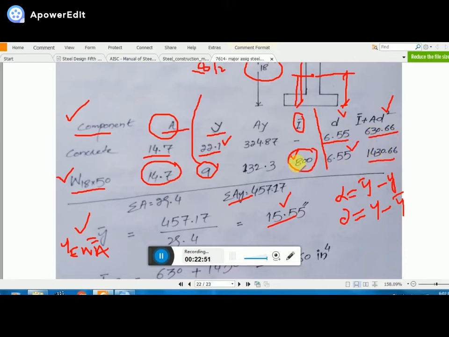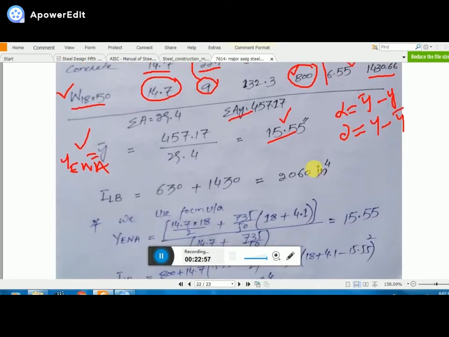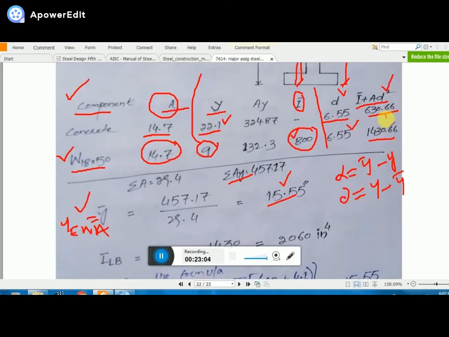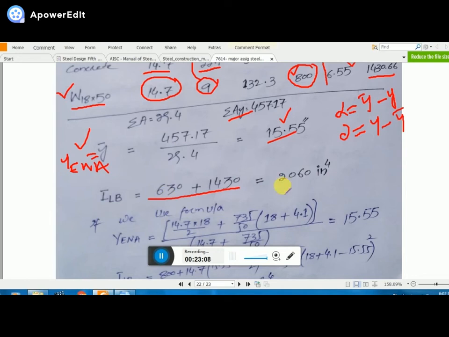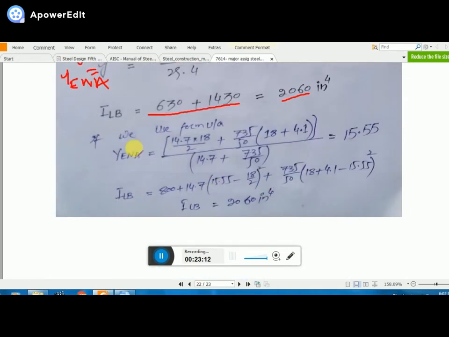But remember, you have to add this, because you see the formula, and this is basically the parallel axis theorem. Then for your lower bound moment of inertia, you just add up these two terms, and here you see 2060 inches to the power 4. If you use that formula, just plugging the values, you got Ilb.